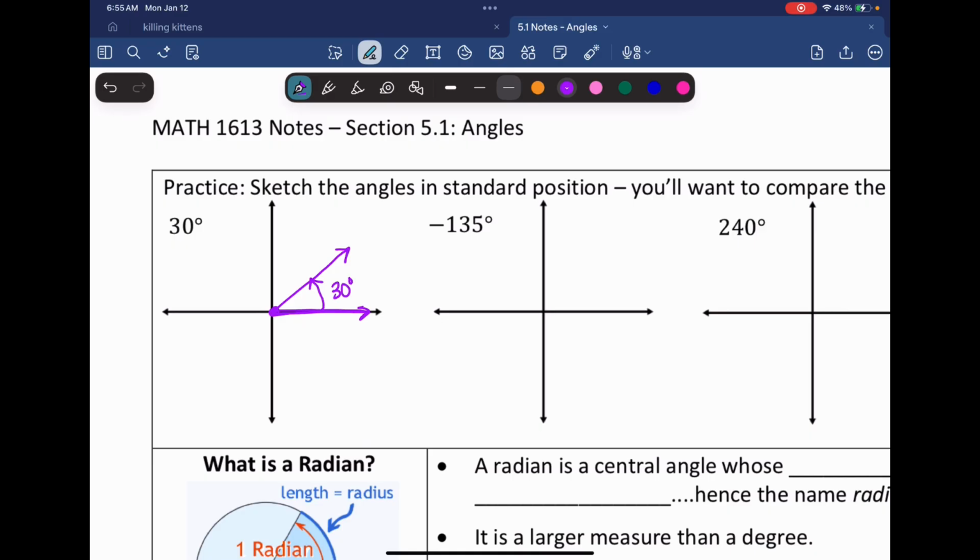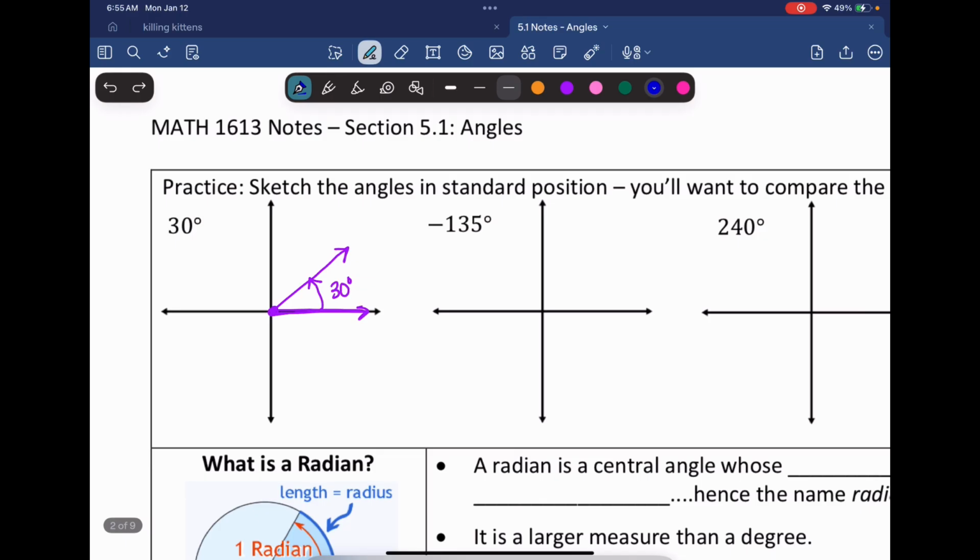All right, now, negative angles. Since we're going this direction, we have to think of the quadrantals backwards. So instead of 90 degrees being up here, negative 90 is down at the bottom. Then we have negative 180, negative 270, and then of course back around to negative 360.